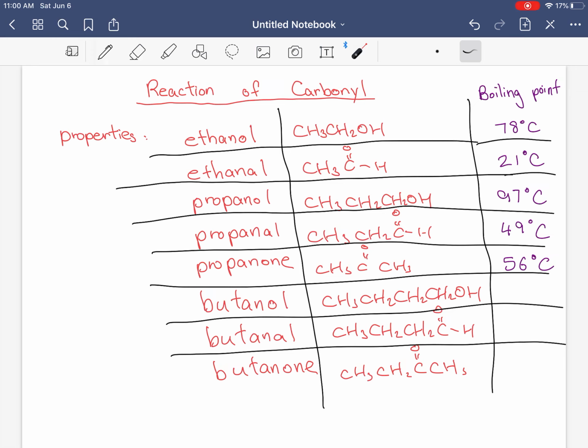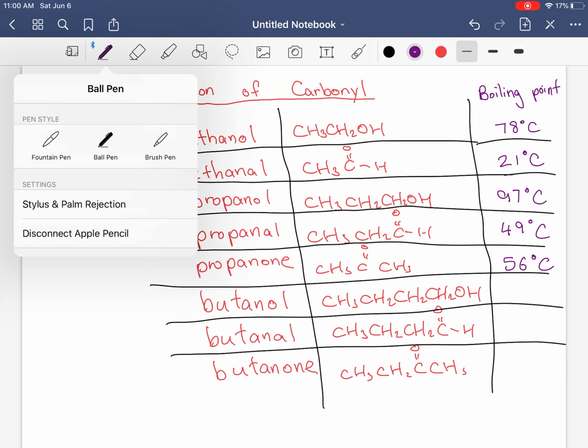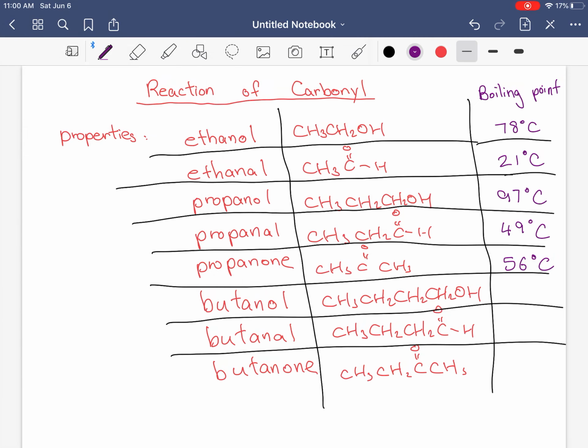All right, so hopefully you're able to predict what this is. You have butanol, which is longer than propanol, way longer than ethanol. So what would be the boiling point for butanol? Now, I'm not looking for a certain number. That would be ridiculous. I'm looking for bigger than who?